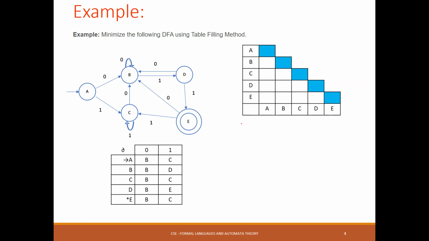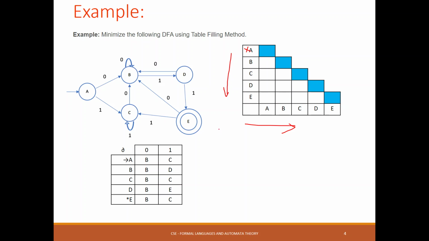While writing this side, we need to take only the first 4 states, that is A, B, C, D alone, whereas while writing along the other side, we need to skip the first state and write all the remaining states. So there will be 4 states here and 4 states here. We need to find the value for all these cells. This cell is called A comma E, whereas this cell is called B comma E. Likewise we have different cell names.